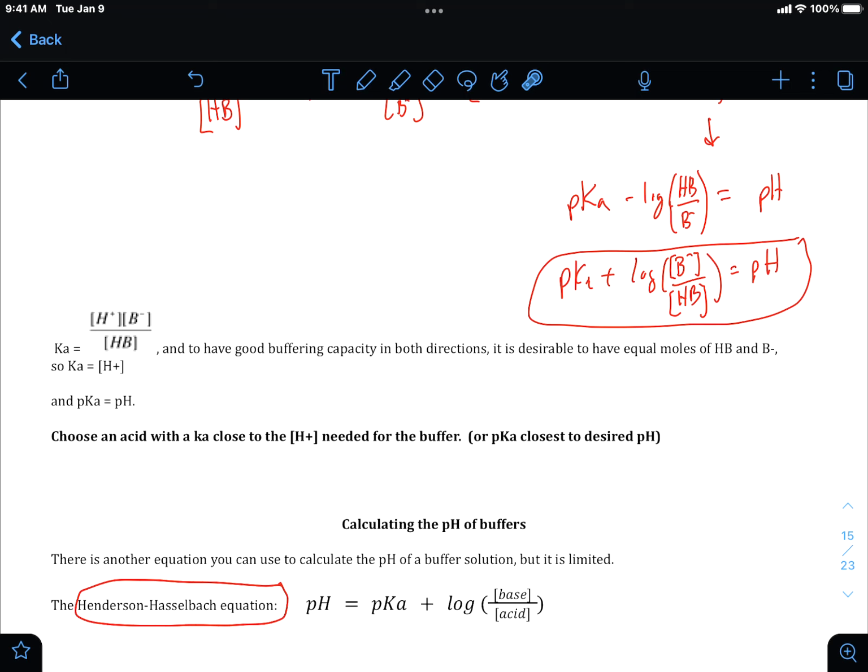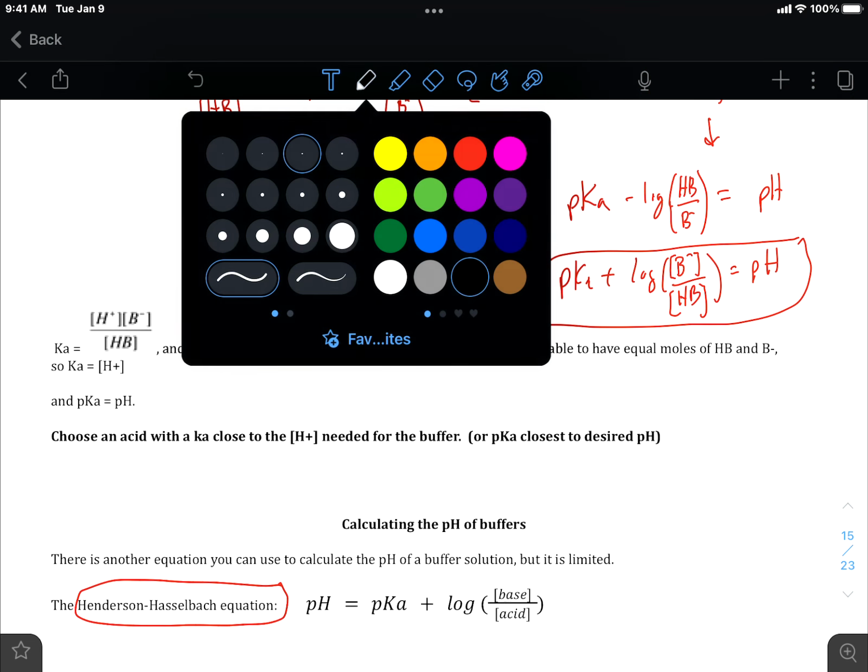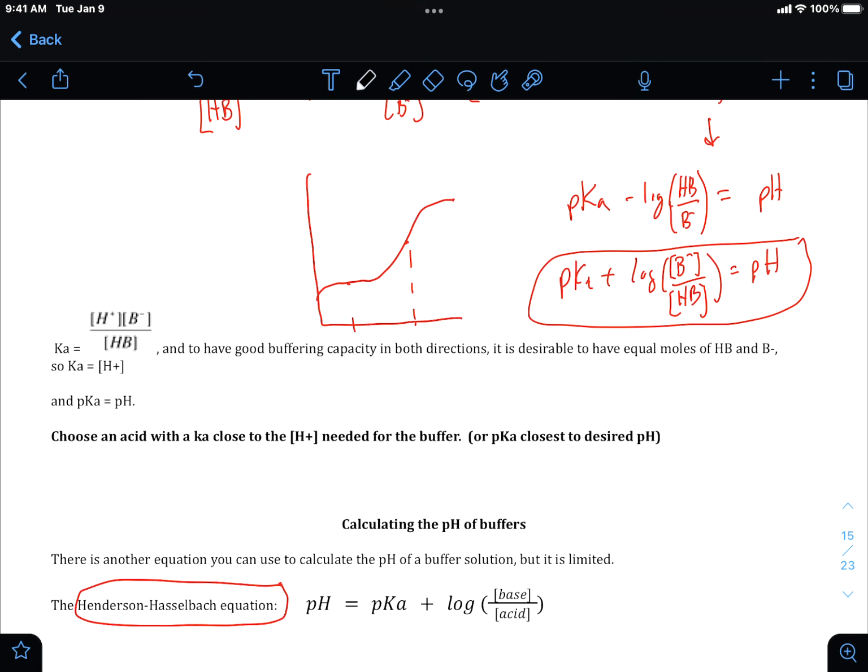There are some drawbacks though. And this is something you should be aware of. This equation works for most of the buffer, but there's times where it fails. So here's when you can and can't use it. So the buffered region we said was kind of like around here, right?